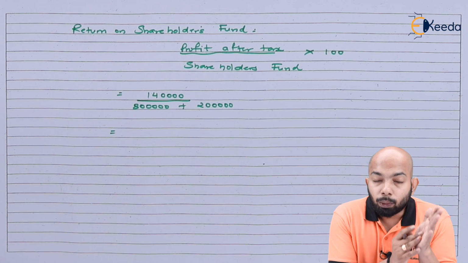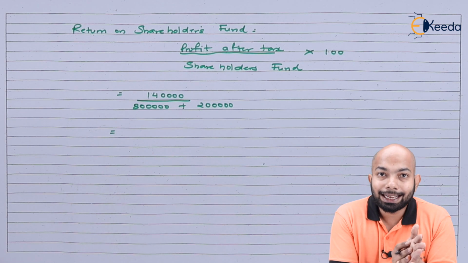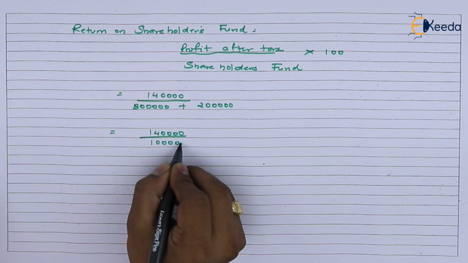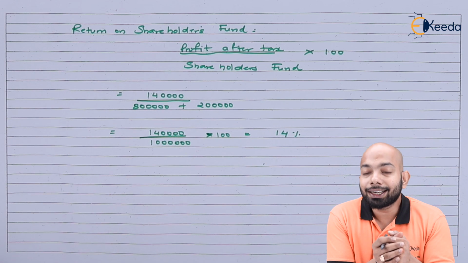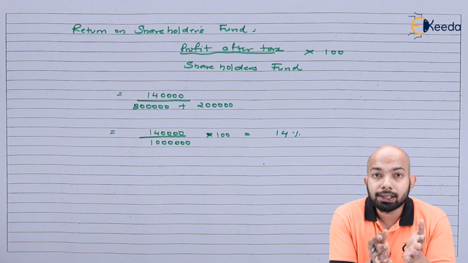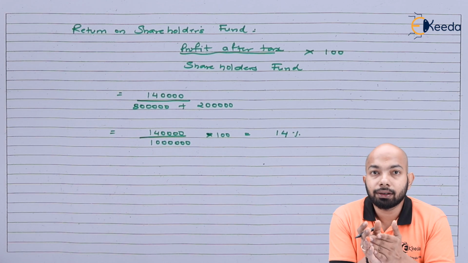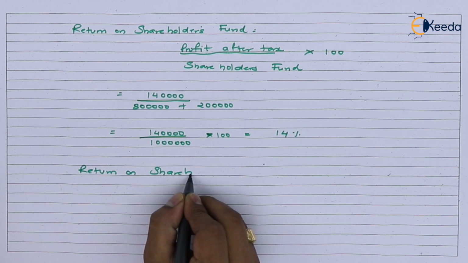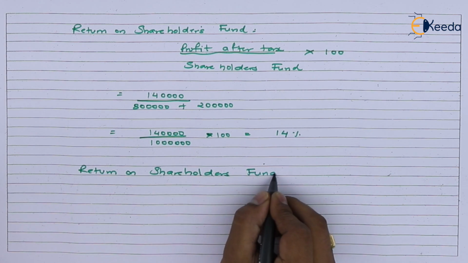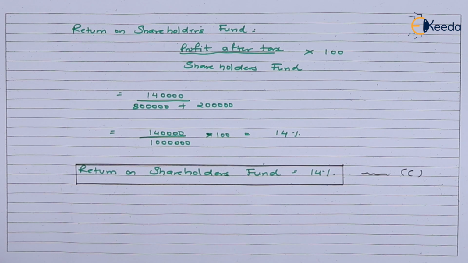So that gives you 1,40,000 divided by 10 lakhs. The percentage that comes here is 14%. So that is your return on shareholders fund. We have boxed that out as well.